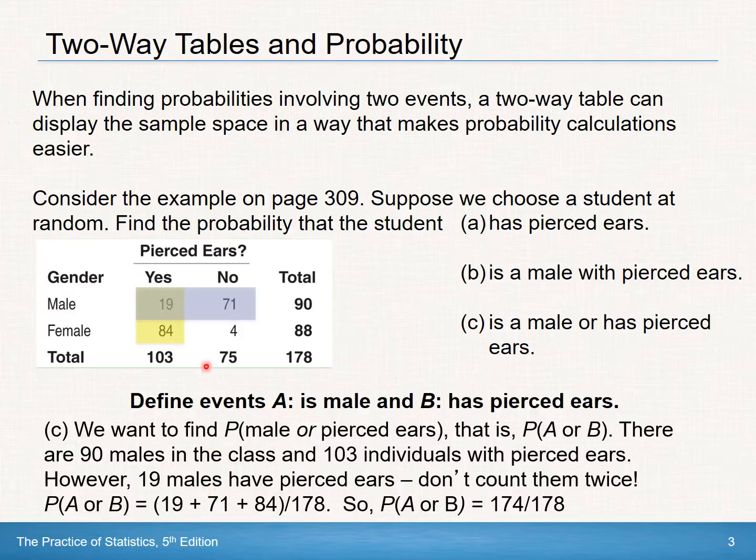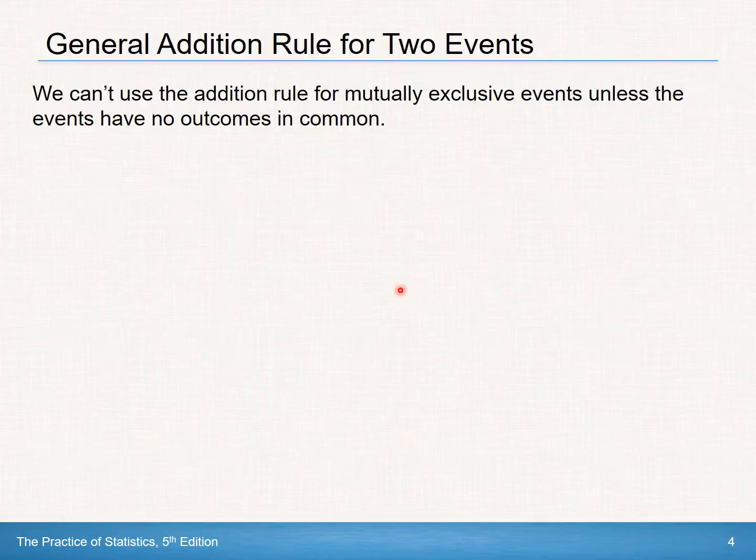So we can't count those twice. So the probability of event A or B, we take the 19 plus the 71 plus the 84 out of 178. We make sure we don't count the 19 twice. Don't take 103 plus 90. We don't want to count this one twice.